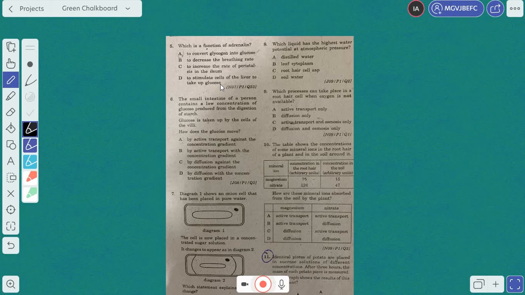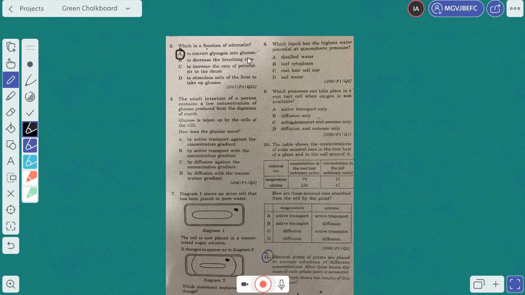Now just understand this, I'll keep it as simple as I can. Adrenaline is basically released to convert glycogen into glucose. Glycogen is the stored form of sugar in our bodies, and it is made into glucose when we have to run or perform any activity, like maybe a thief has broken into your house and you're scared. When you're scared, the adrenaline released in your body will convert your glycogen into glucose, so that you will have the energy needed to run.